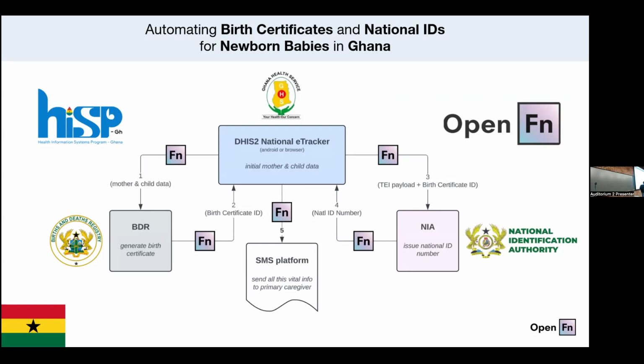Now, that data is bundled together and taken into the national ID system to go and generate the national ID for that particular baby. It goes in through OpenFN, the ID is generated, then the data comes back into Tracker as a whole. So now in Tracker, we have both the birth and death certificate for the baby and then the national ID.